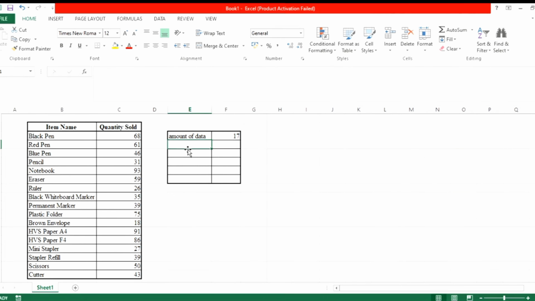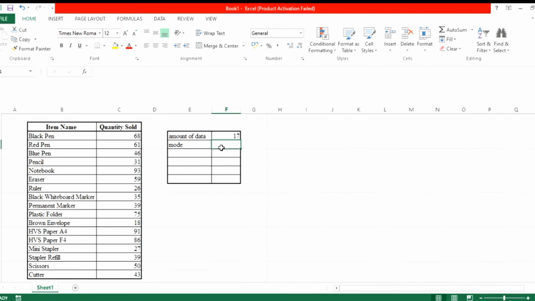The second one is probably often used for looking for the value that appears most often, or in statistical language is also called mode. So we can use it to find which data appears most often.